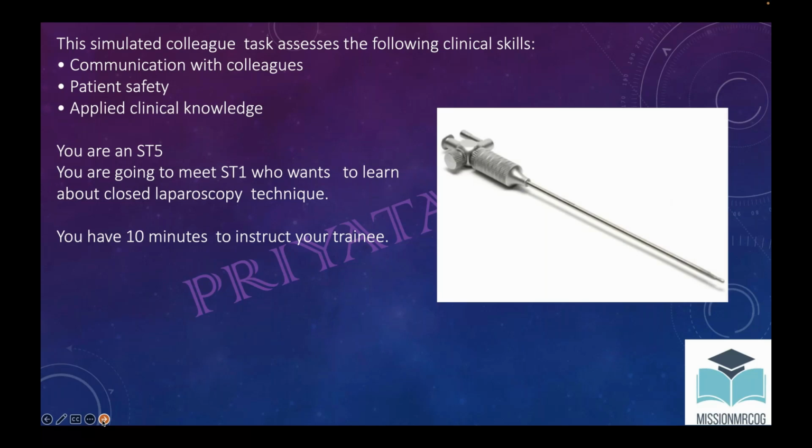Okay, so this primary port is put either in the supraumbilical or infraumbilical portion, and the other two ports can be placed in the right or left lumbar or iliac quadrants. I hope you know about the quadrants of the abdomen. Yeah.